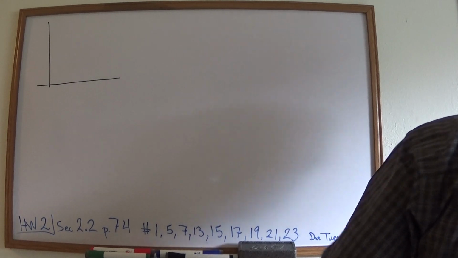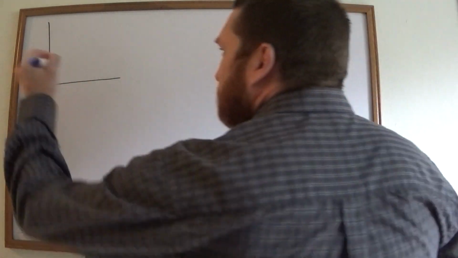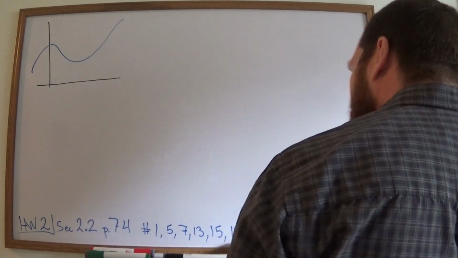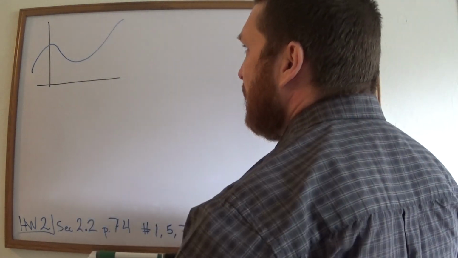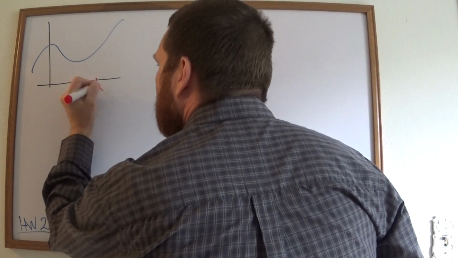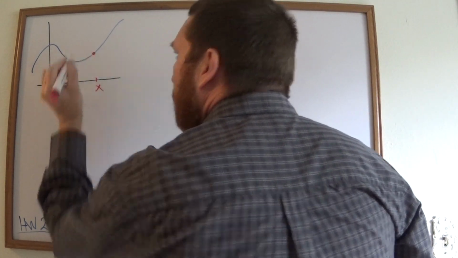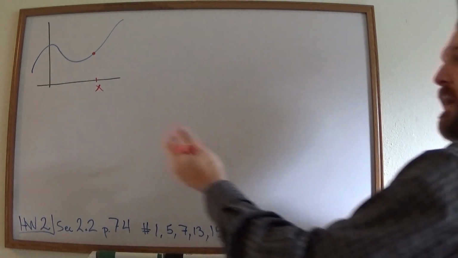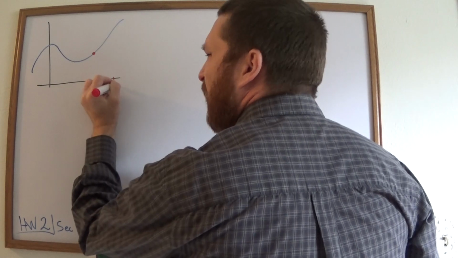The main idea is this right here: you have some function, and you want to know what is the slope of that function here at this point, x. So we go a little bit beyond x. How far? Call it h.